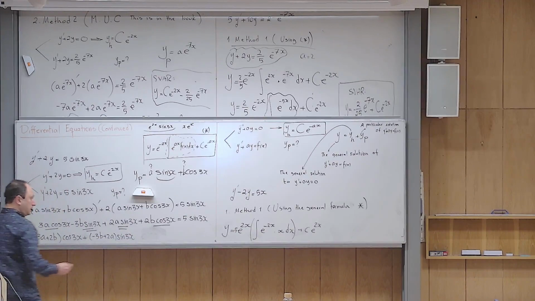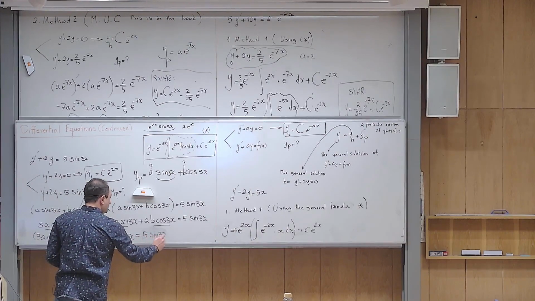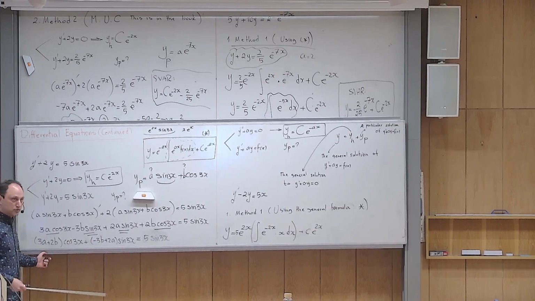And then I demand that the left-hand side becomes equal to the right-hand side for all choices of x. Now I can do it, because I demand this coefficient to be 0 to get rid of cosine that I don't need, and make this one equal to 5. And then hopefully I can solve the problem, because I have 2 unknowns and 2 equations.